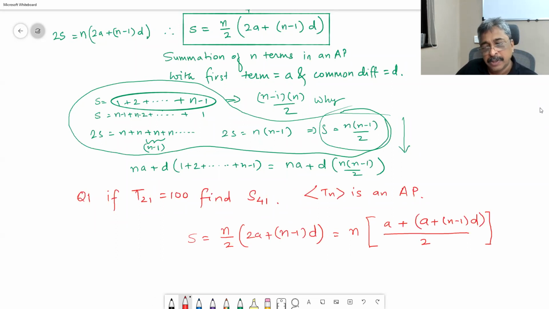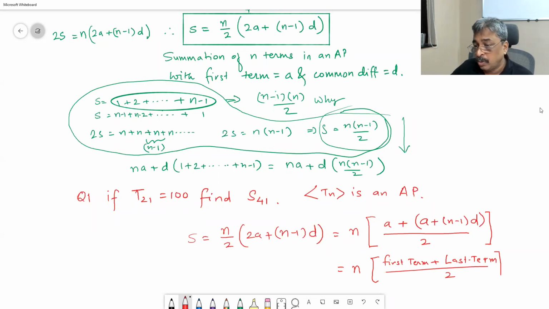I can write it because this is 2a, n minus 1 times d, the 2 goes outside, same. No difference. But then there is a difference. Inside the bracket: first term plus last term, upon 2.